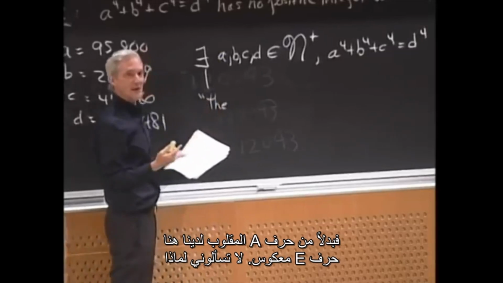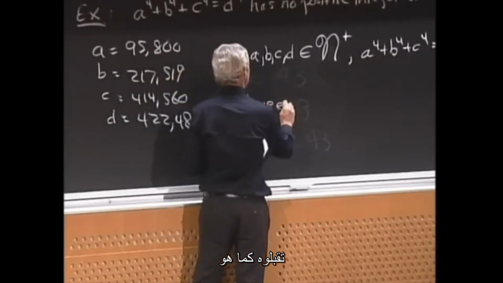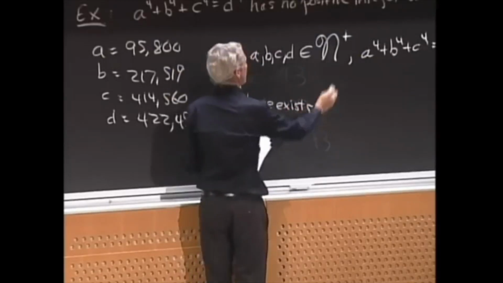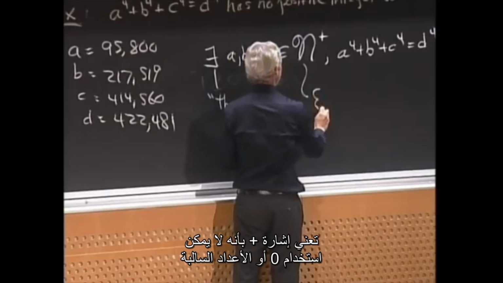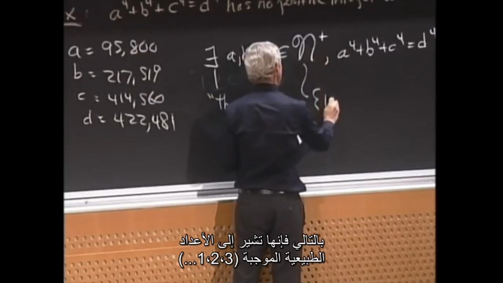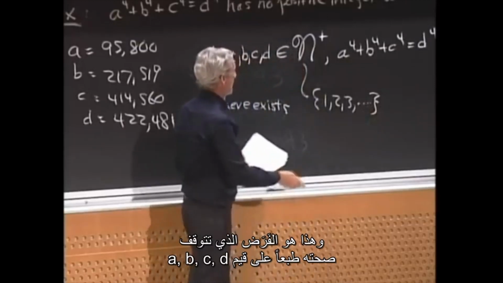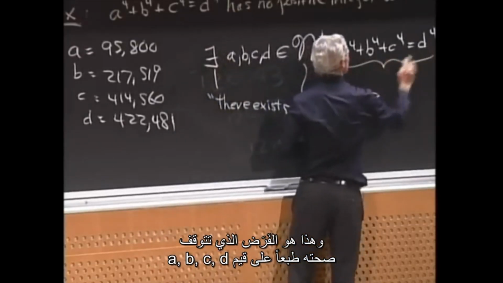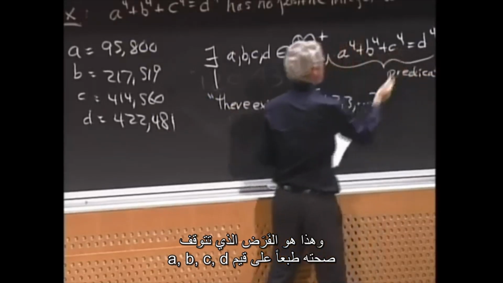Instead of an upside down A, it's a backwards E. Don't ask me why. That's what it is. The plus means you can't have 0 or negative numbers, so these are the positive natural numbers. And here's your predicate, which, of course, the truth of this depends on the values of A, B, C, and D.